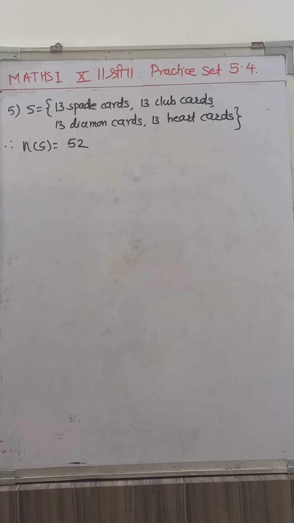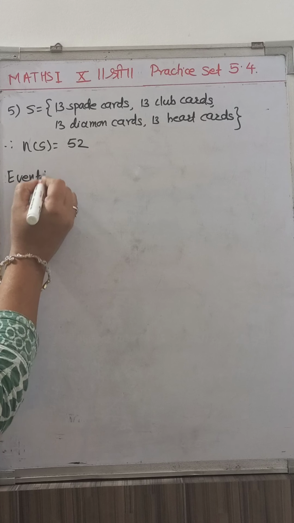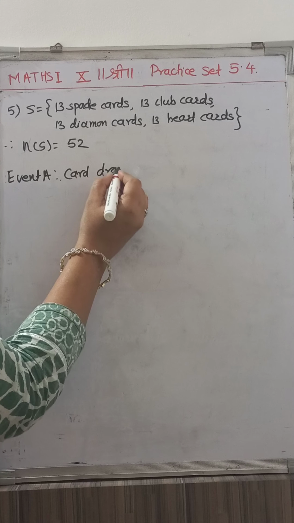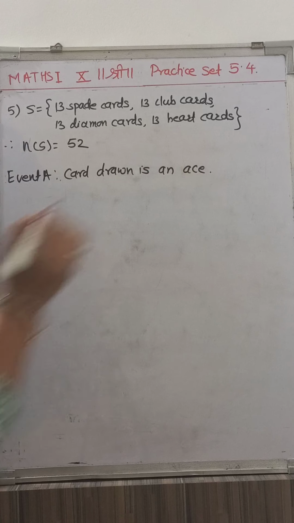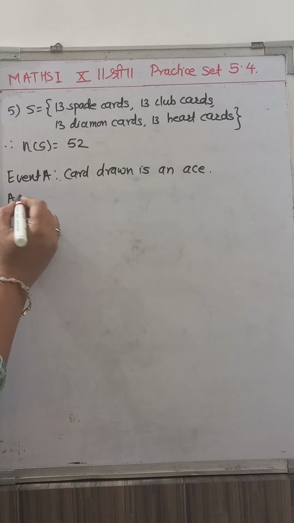Now what is event A? That the card drawn is an ace card. So event A, card drawn is an ace card. So we know that there are 4 ace cards.